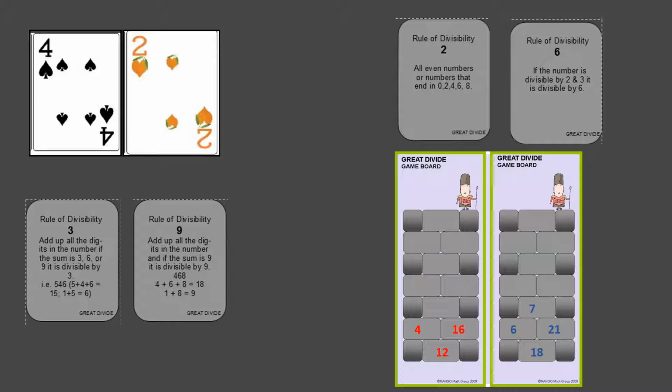And the same would have been done on the other side with 2 going into 36 18 times. 6 into 36 would have gone 6. 2 into 42 goes 21 times, and 6 into 42 goes 7. So they just write that down, and they're doing a little bit more mathematics while they're doing it.